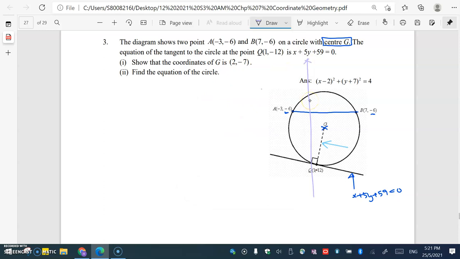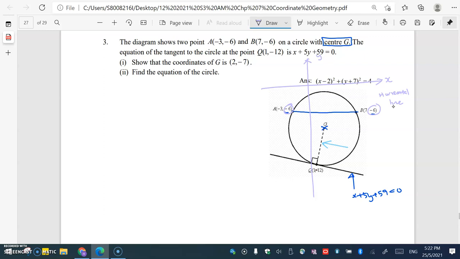This is my x, this is my y. But is it necessary to draw? No, because the negative 6 here and the negative 6 here show that this essentially is a horizontal line parallel to the x-axis.